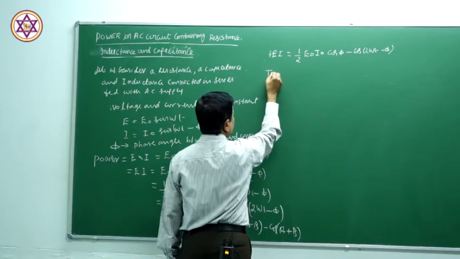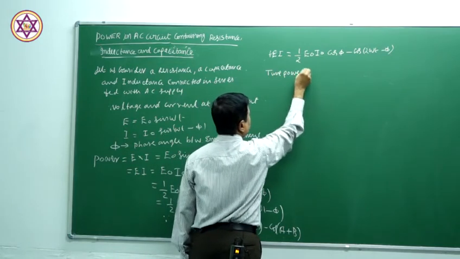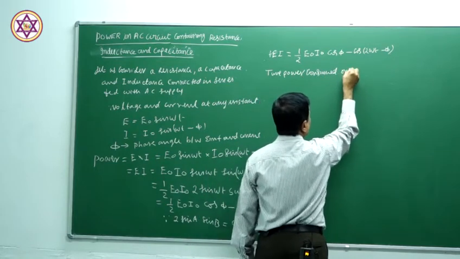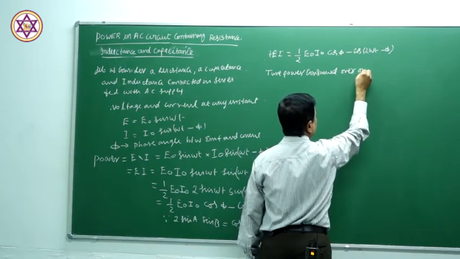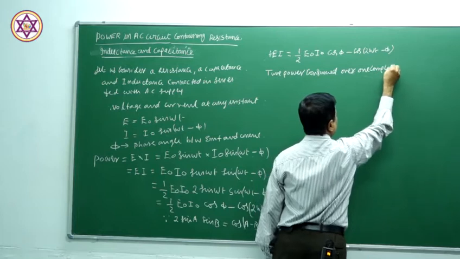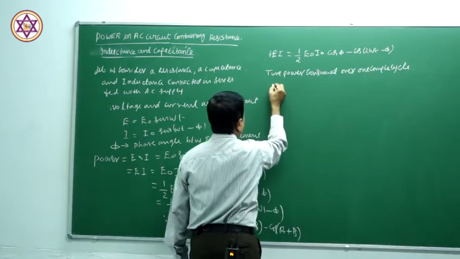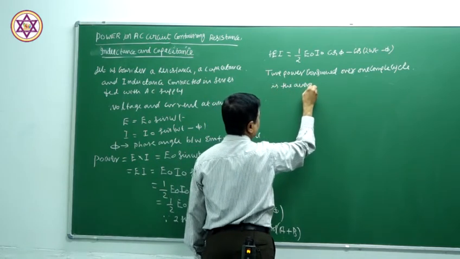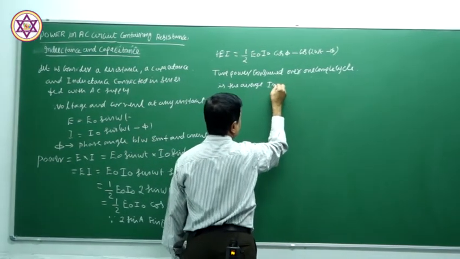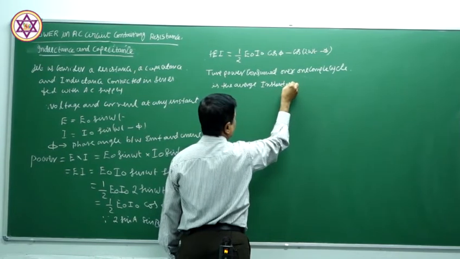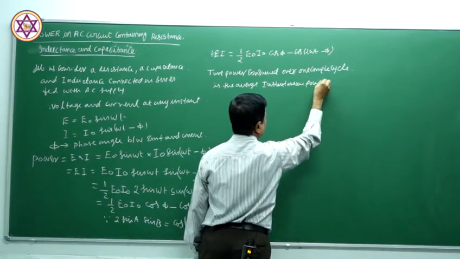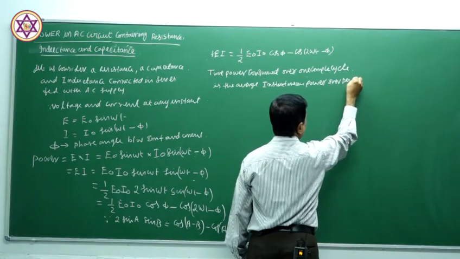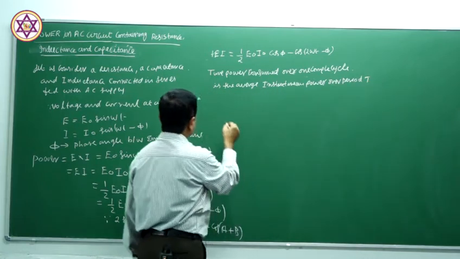The true power consumed over one complete cycle is the average of the instantaneous power over the period T.